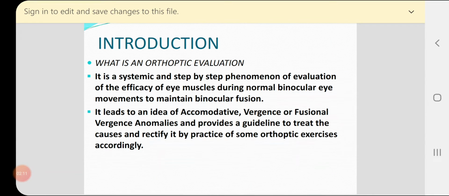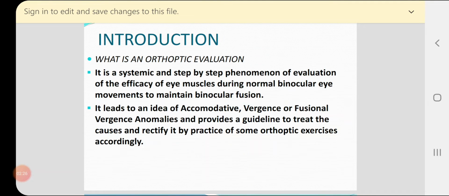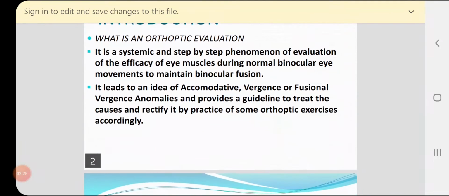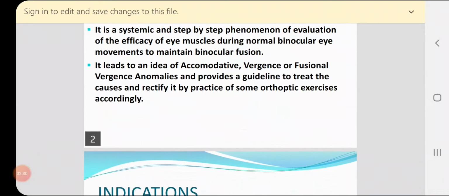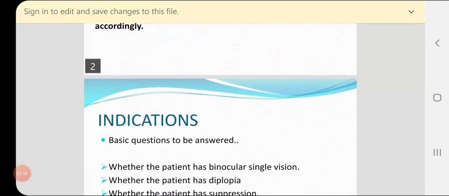The problem may be due to accommodative anomalies, vergence anomalies, or fusional vergence anomalies. What is our aim? Our aim is to categorize or differentiate the anomalies into these categories. If we can understand which category the problem lies in, then only we can treat the conditions of the patients.